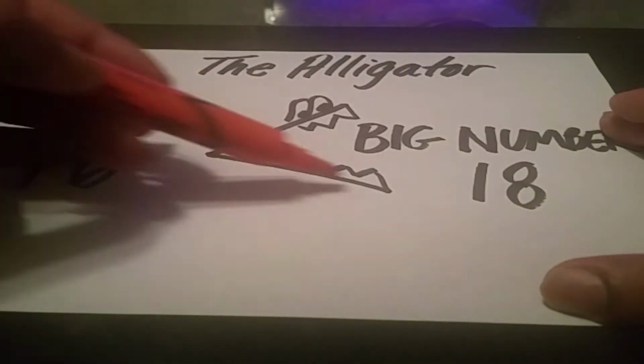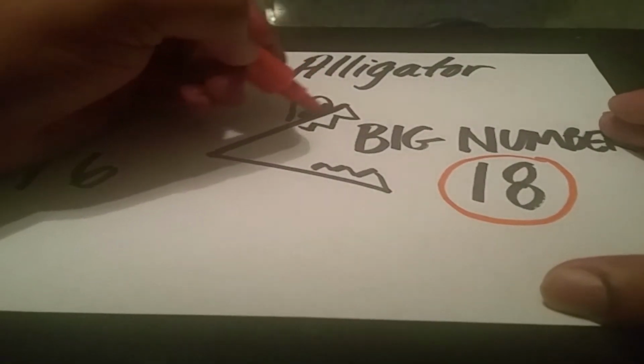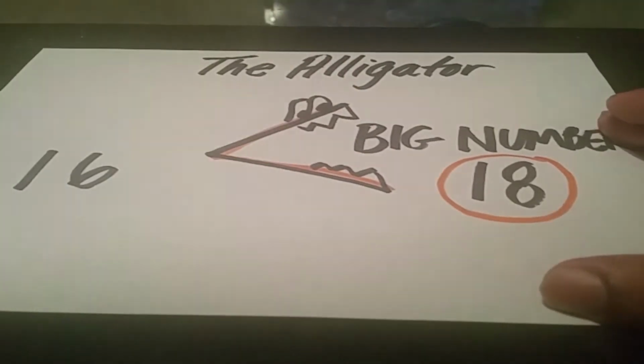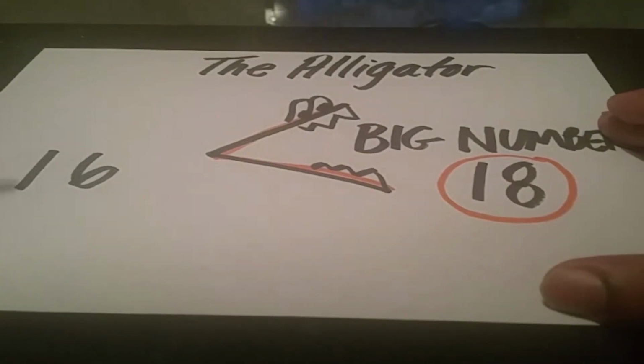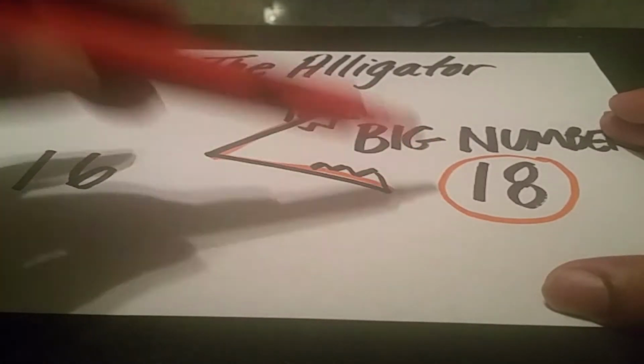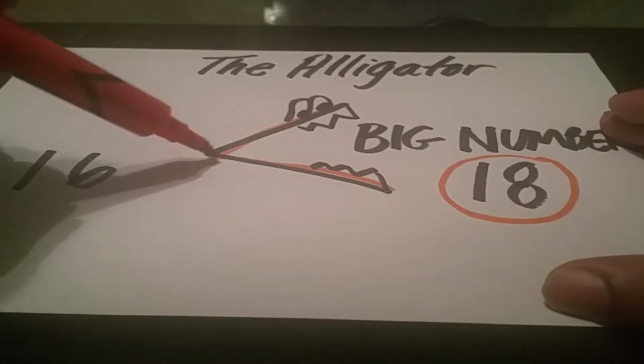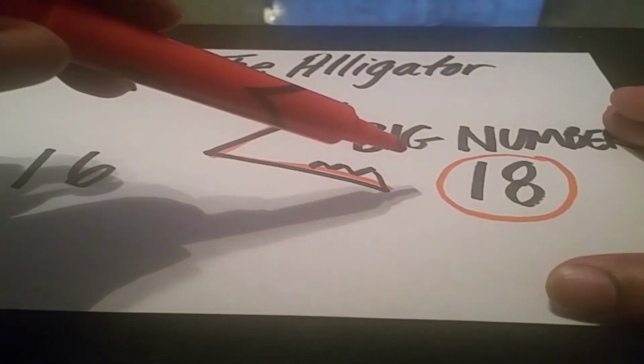So the alligator is going to eat 18. That tells you what direction to make your sign. So this would read as 16 is less than 18. Again, this math sentence would be 16 is less than 18.